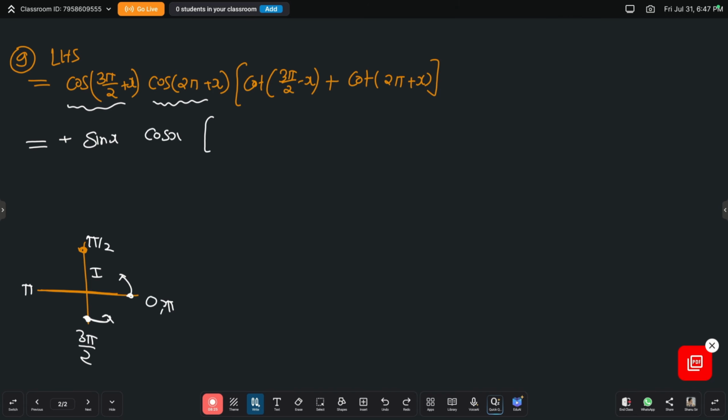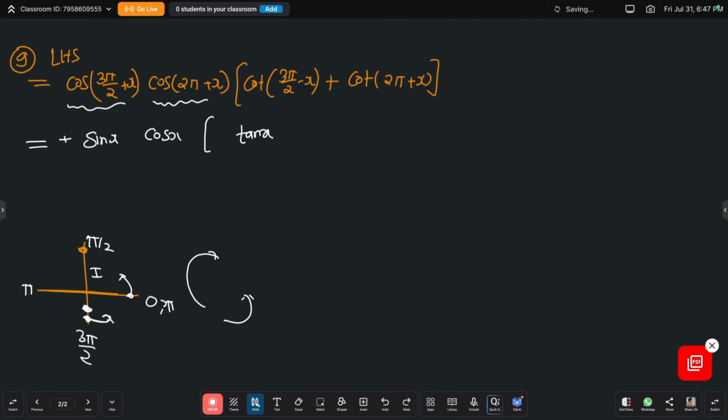Now come to the bracket. In the bracket, cot(3 pi by 2 minus x), again 3 pi by 2 is here. The ratio changes, cot changes to tan, so it is tan x. Positive or negative? Minus means clockwise, clock moving like this. This is clock rotation and this is anti-clock rotation.